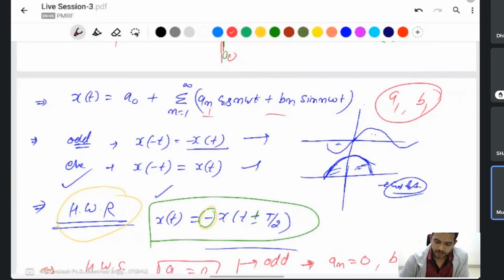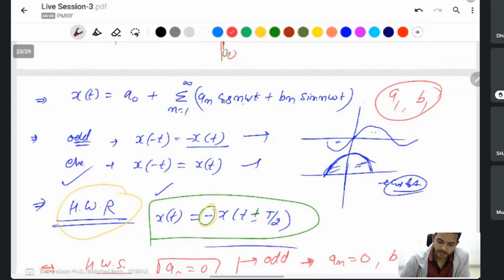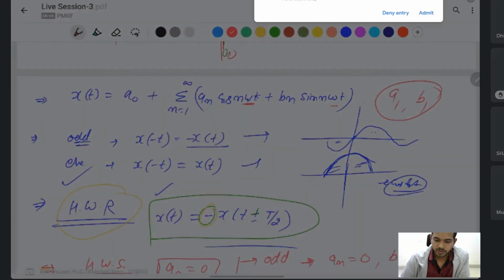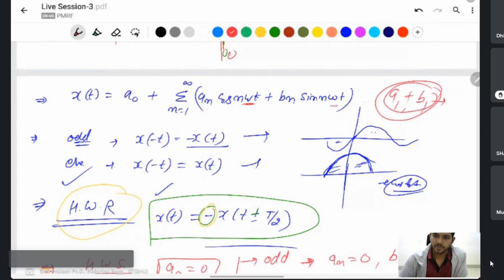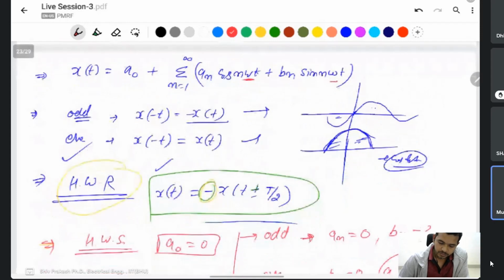You should add both A1 and B1 for the fundamental, because n equals 1 is present here, so the fundamental is also here. Then you should add both A1 and B1; A1 plus B1 is the fundamental. Okay, sir.